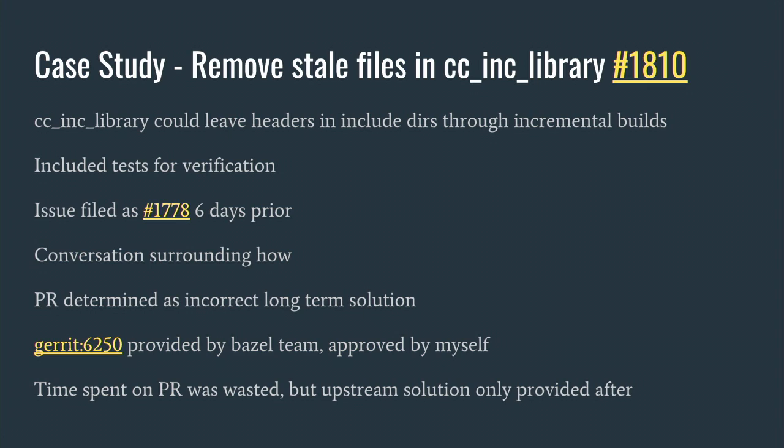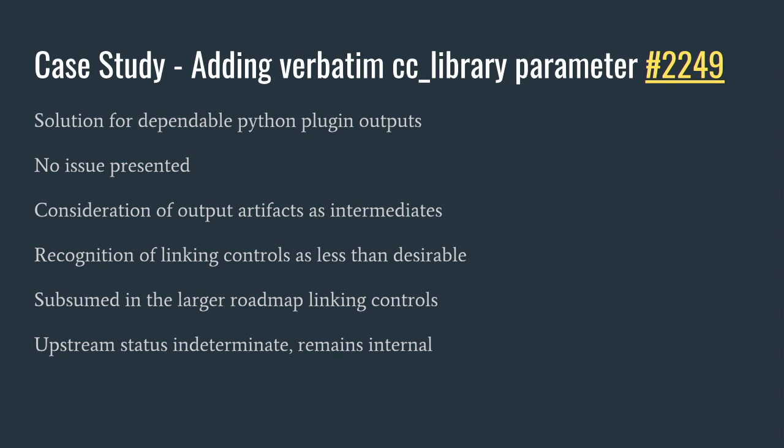We also had a Gerrit code review on here, so again, we're going back in terms of what we're doing. But essentially, the time spent on the pull request, where I made it a little bit more complicated than it needed to be, was wasted because an upstream provided solution was adopted, but maybe the pull request was only accepted because, or maybe the upstream solution was only provided because I had something up there ready to go.